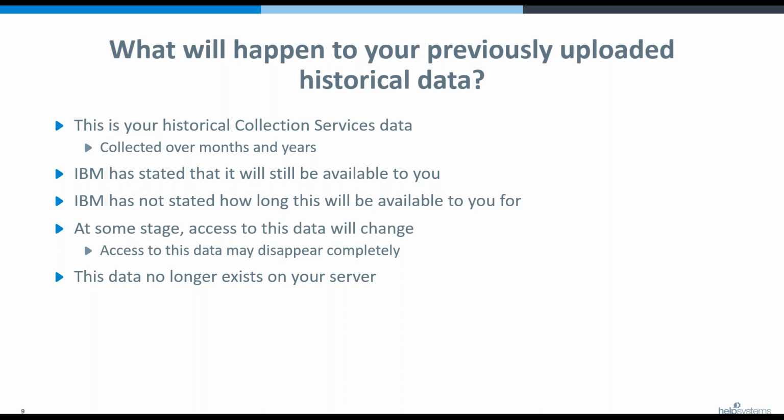At some stage, we assume the access to the data will change, and if you need that data for any future capacity planning, or certainly for sizing systems, we depend on it all the time. So this data may no longer exist in the future. Our recommendation is, if you can still access it, you should grab that data today.